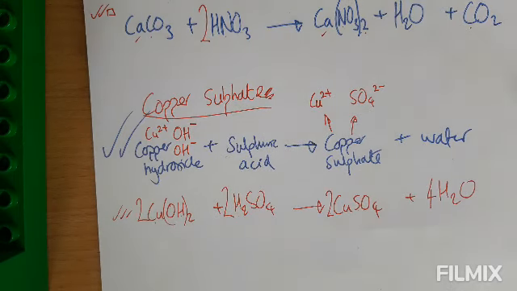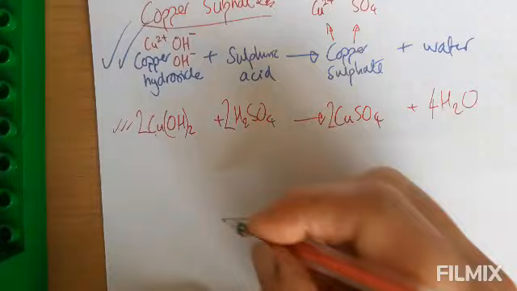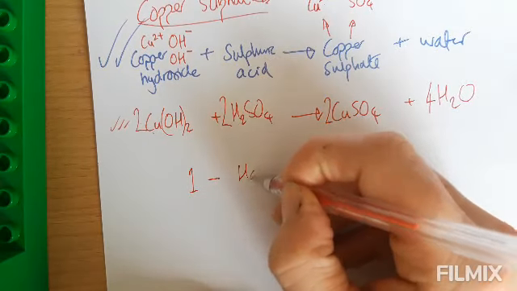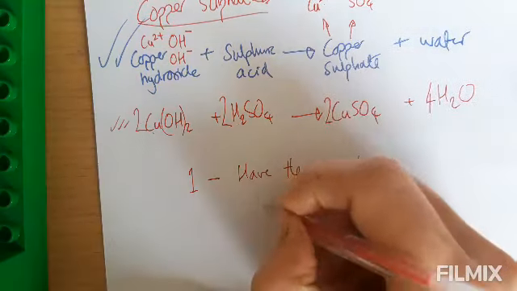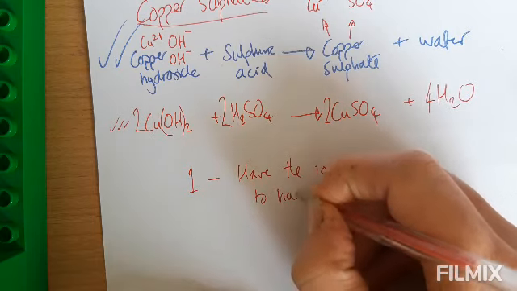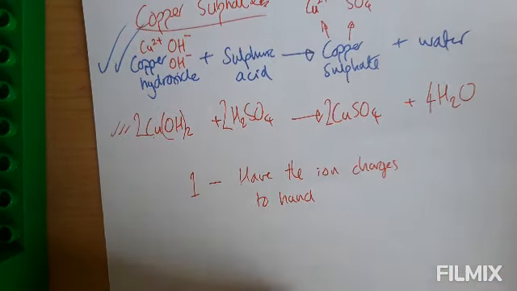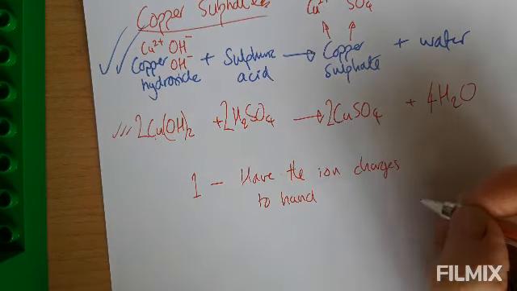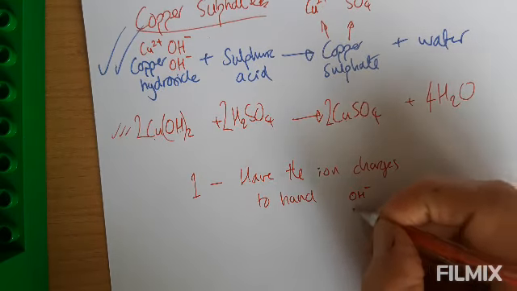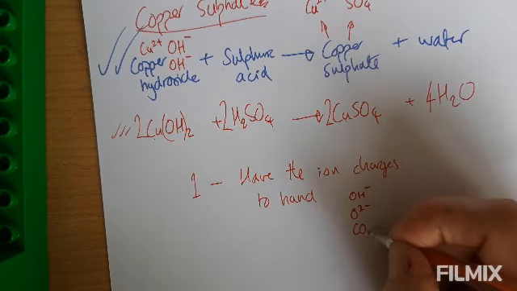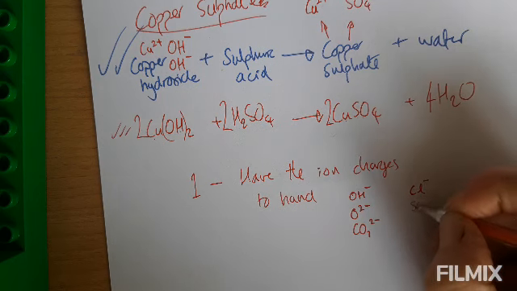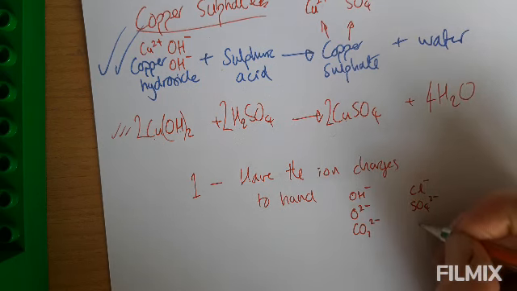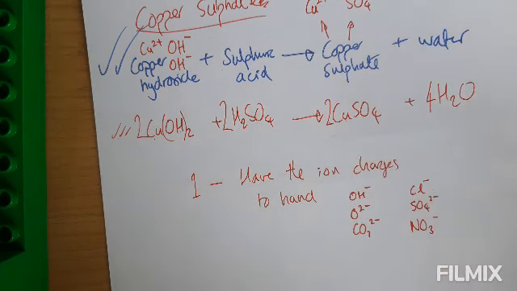Right, so the plan when you're doing these is, 1, have the ion charges to hand, somewhere nearby. To start off, have a list of ion charges. So here are the typical ones: hydroxide, OH minus; oxide, O2 minus; carbonate, CO3 2 minus; chloride, sulfate, nitrate.